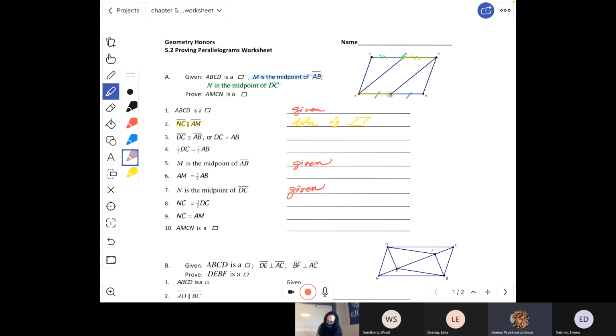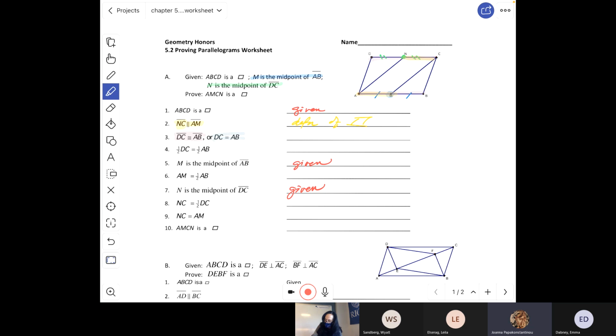Now, I also know that DC is congruent to AB. So if these two big pieces are congruent, we can look at little subsets of those, right? But I also know that DC, oh, well, they're just telling you the same thing.